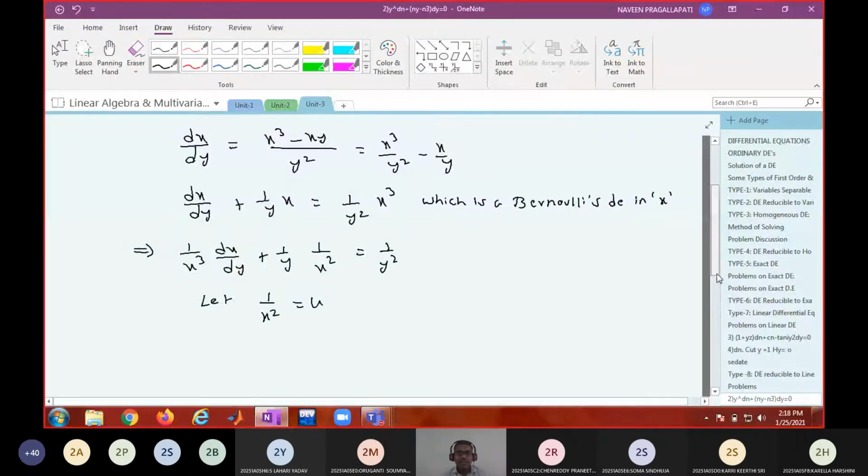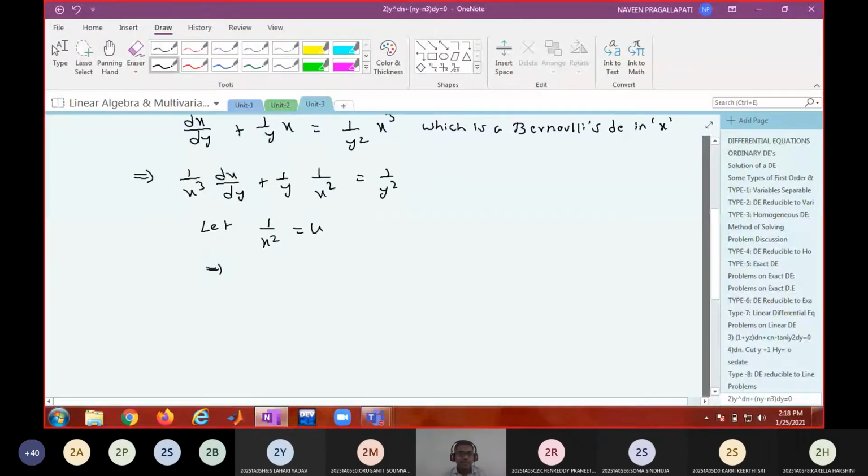Then I have to differentiate with respect to y. That means minus 2 by x cube into dx by dy is equal to du by dy. This implies that 1 by x cube into dx by dy is equal to minus 1 by 2 du by dy.